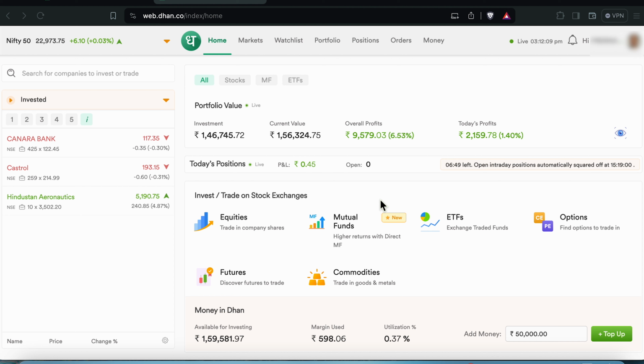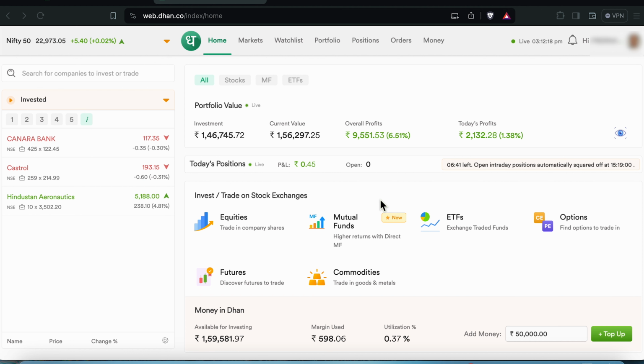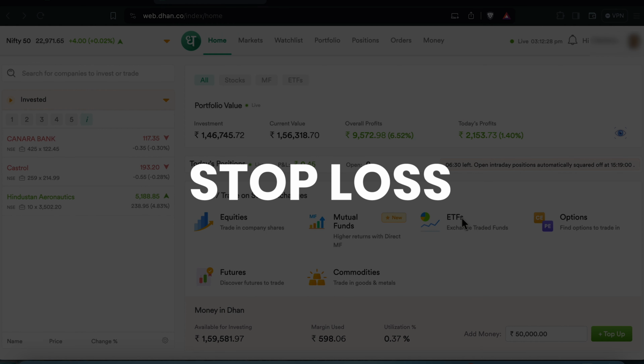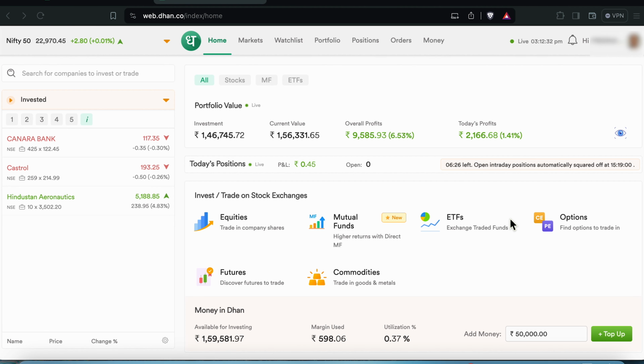And when you place this order, say if I am buying a stock assuming its price is going to go up, at the same time I can also decide my stop loss and target along with that same order. So I will place one order to buy, another order to limit my loss by placing a stop loss, and the third one will be a target. And all three of these are linked such that they work in a coherent way.